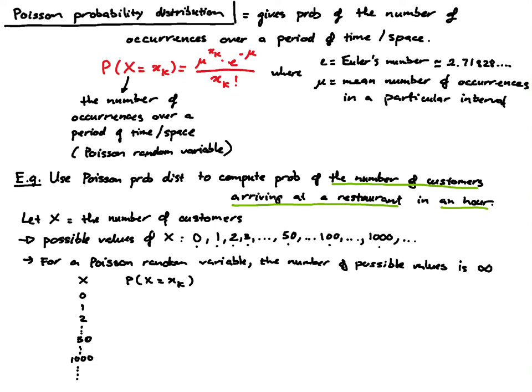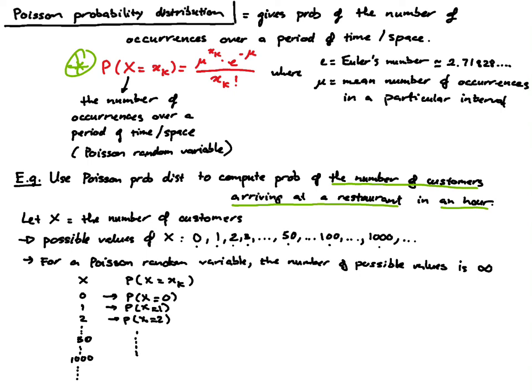Associated with each of these numbers is a probability: the probability that x is 0, that x is 1, that x is 2, and so on. And to find these probabilities, we use the formula we talked about earlier.